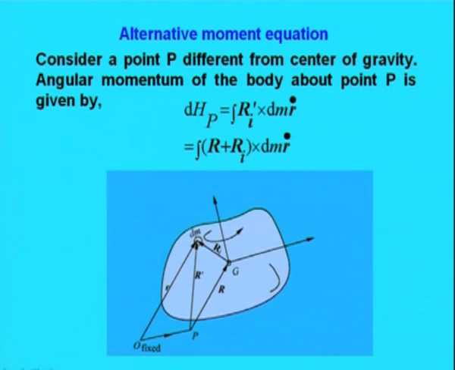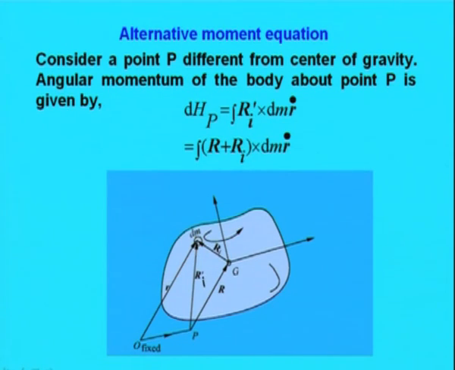We now develop some alternative moment equation. Now you consider a point P different from center of gravity, and angular momentum of the body about this point P is given by dHp is equal to ri prime cross dm into r dot, because this distance is ri prime from here.